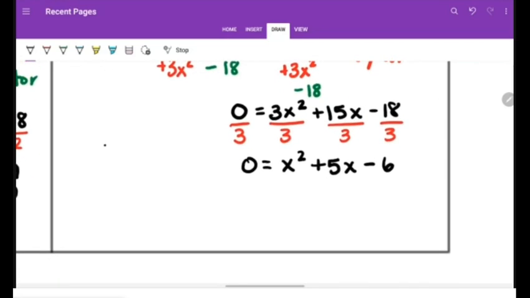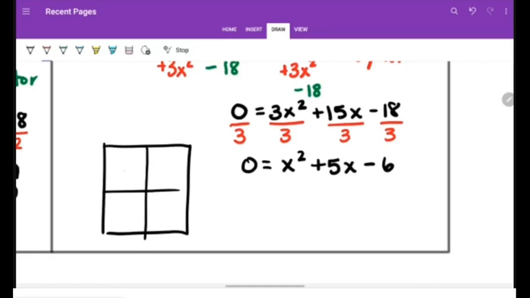Time to factor. This one will be a little easier for us because we just have an x squared in the top left. So our factors will each start with x. And now figure out a list of numbers that multiply together to give us negative 6. That means we need a plus and a minus.